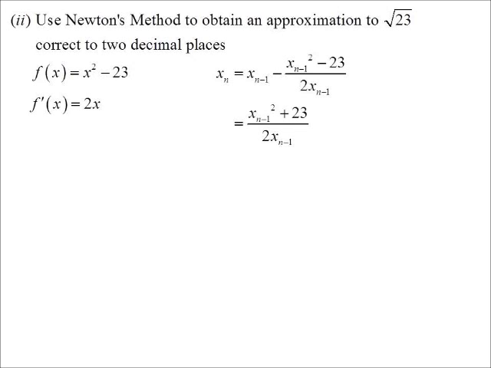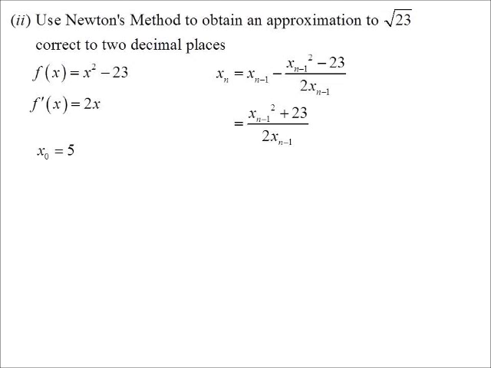This time I've decided to create a formula. So I've actually substituted the function into Newton's method. On the top I've got x squared minus 23. On the bottom I've got 2x. I need a first approximation. Well, a logical first approximation to the square root of 23 would be 5, because I know the square root of 25 is 5, and 25's close to 23.